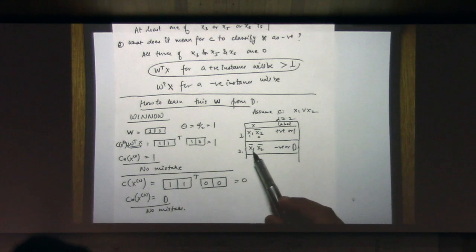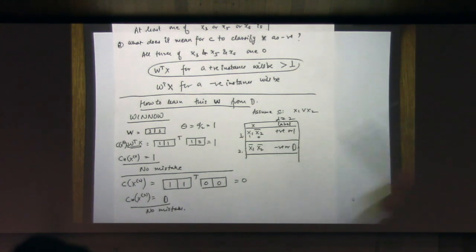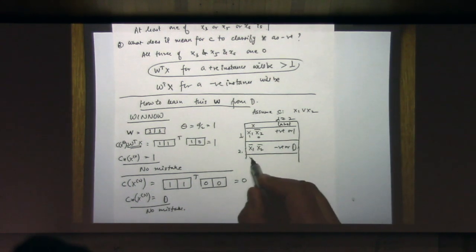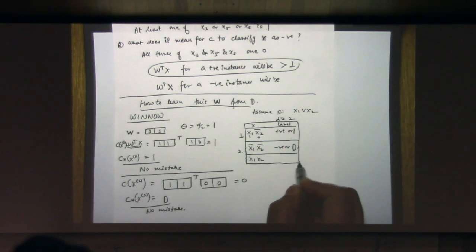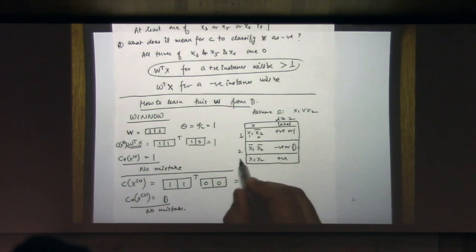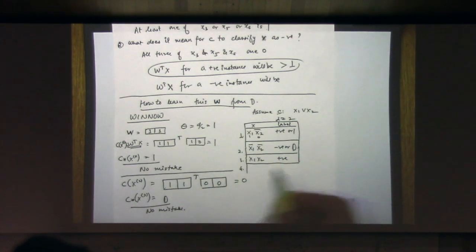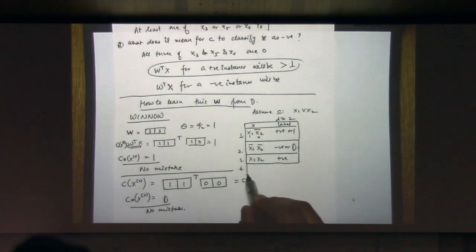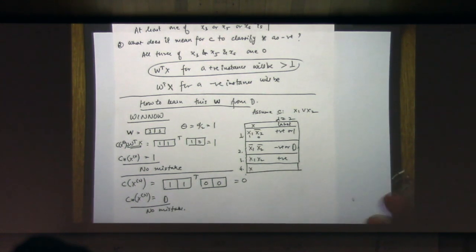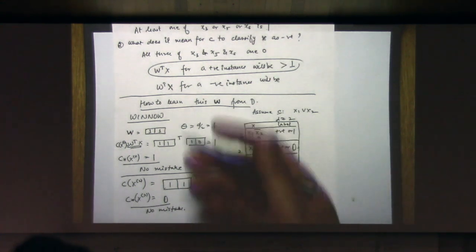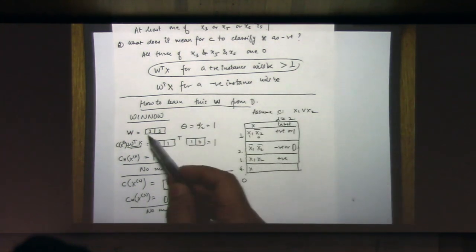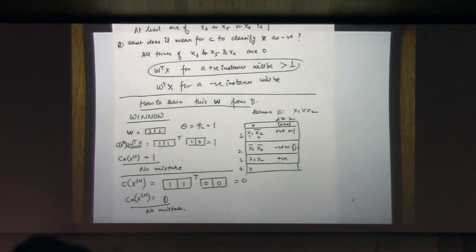No, but here I'm assuming these are x1 bar, x2 bar, which means they're taking the value 0 and 0. If it is 1 and 1, it will be x1, x2. That will again be positive. I took a very wrong example. Basically, this would not change at all, but that's because you already are at that concept, right?